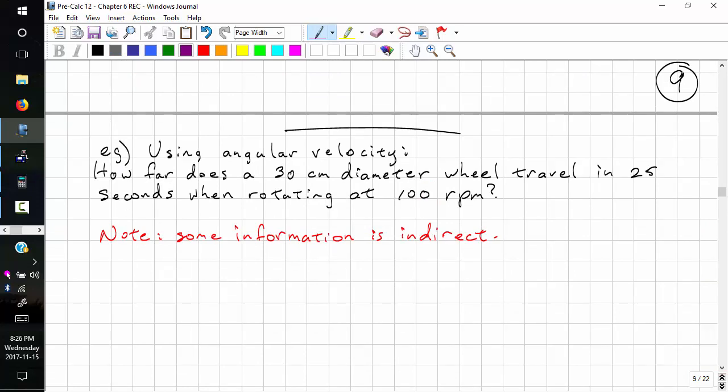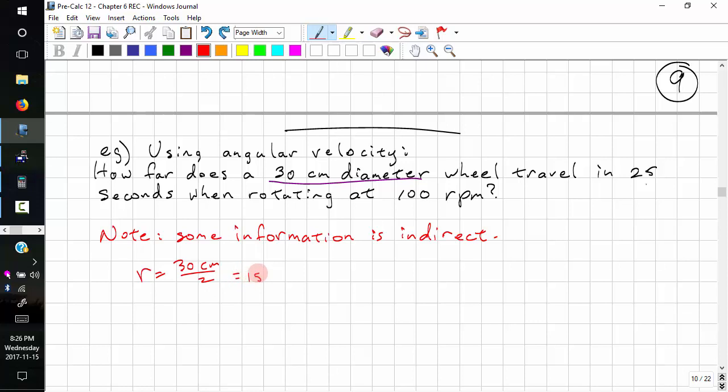Using angular velocity, how far does a 30 centimeter diameter wheel travel in 25 seconds when rotating at 100 RPMs? That means revolutions or rotations per minute. Some of our information is indirect. We're given diameter, so the radius is 30 centimeters divided by 2.